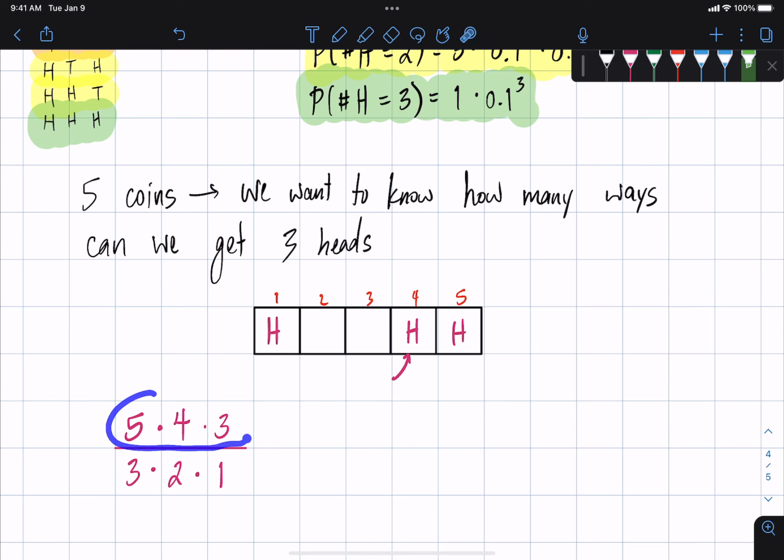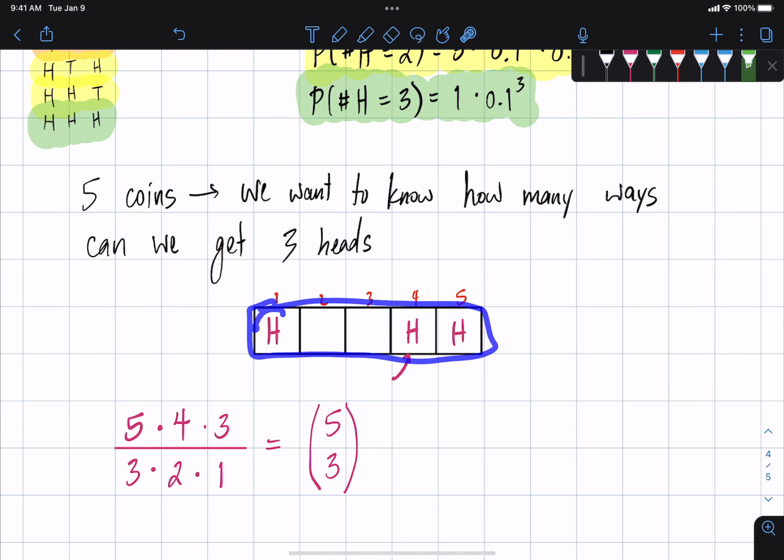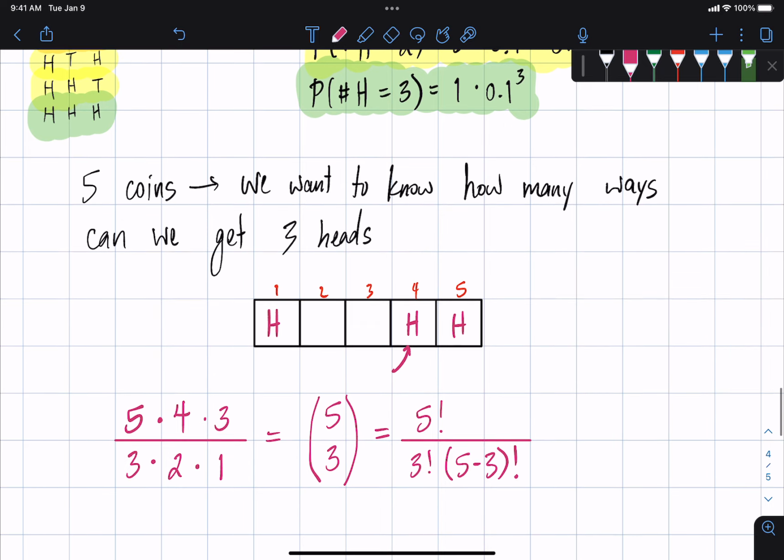This tells us the answer in an ordered way, and the other tells us the answer in an unordered way. And now this we oftentimes write as 5 choose 3, suggestively, because we had 5 boxes and we chose 3 of them to fill in. And the way that we're going to compute this is 5 factorial divided by 3 factorial times 5 minus 3 factorial. Turns out that this computation does the trick.